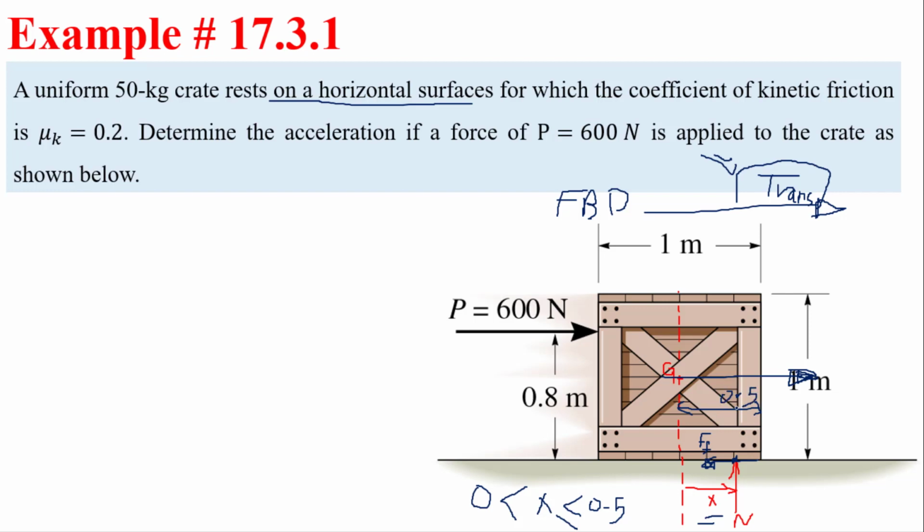So if I solve this problem and find out that x less than 0.5, then my assumption translation is correct. So here is the cases. If x less than 0.5, at the end once I verify, then this is translation and the equation I use them are correct. So this is translation problem.